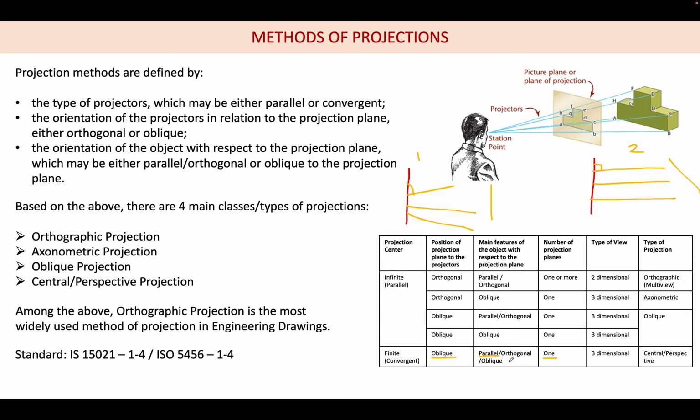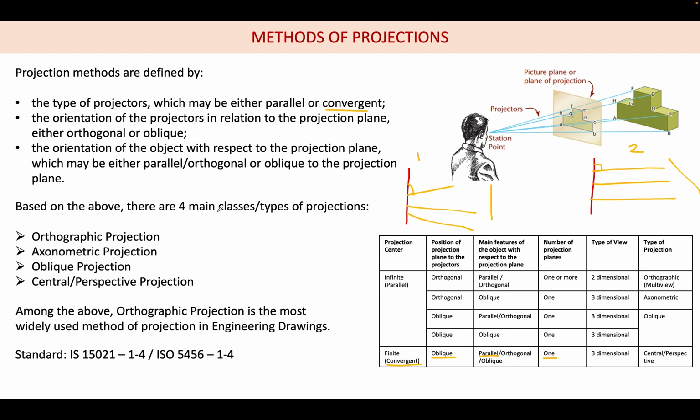Another case is where we have the convergent projectors. If your projectors are convergent and the position of the projector with respect to the projection plane is oblique, but the main features can be either parallel or orthogonal or oblique, in this case it is parallel, the number of projection planes is 1 and this is a 3D view. This we can call central or perspective projection.